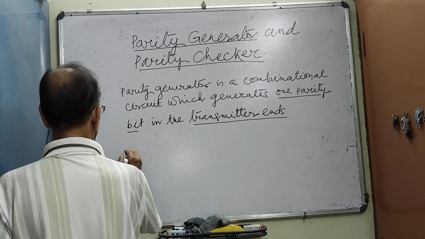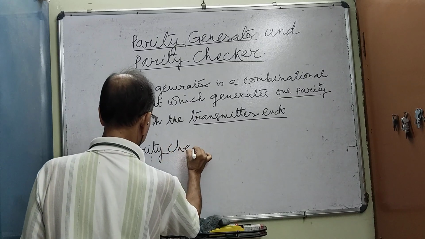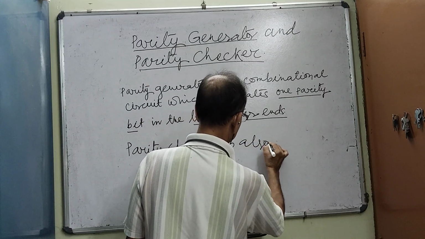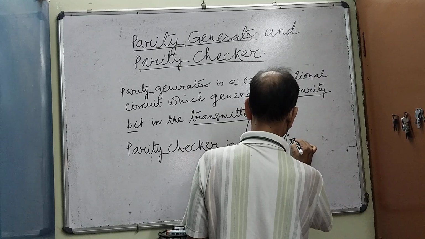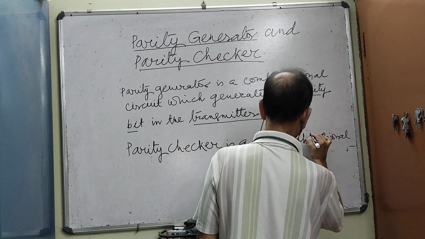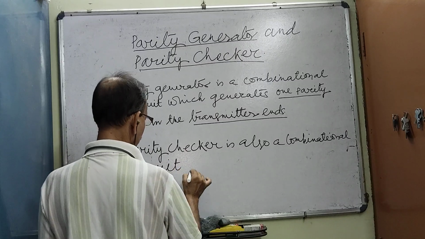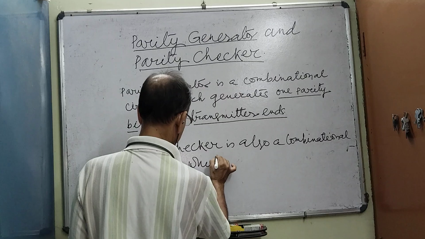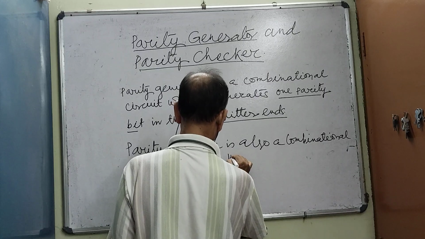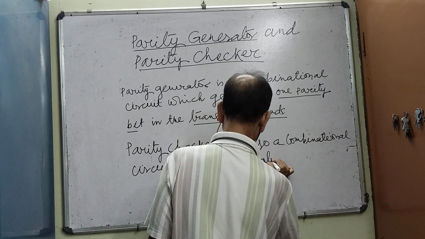Another is the parity checker. Parity checker is also a combinational circuit which checks the parity bit.